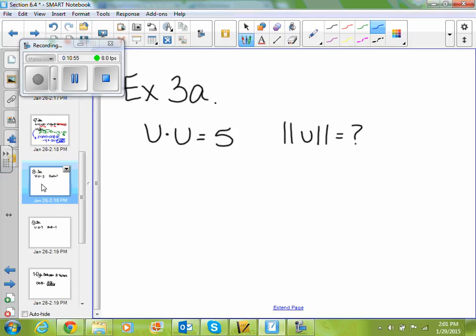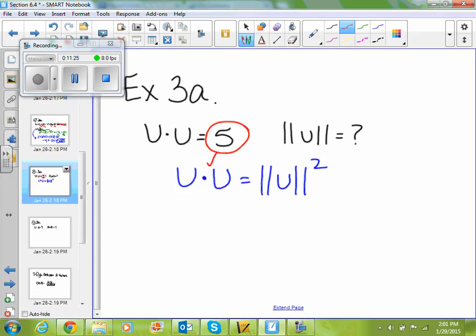Second formula that we looked at was our magnitude formula. So if I'm given the dot product of u times u equals 5, and it asks me to find my magnitude, well, one of my magnitude formulas was u dot u equals the magnitude of u squared. That's one of the ones we wrote down at the beginning of class today.